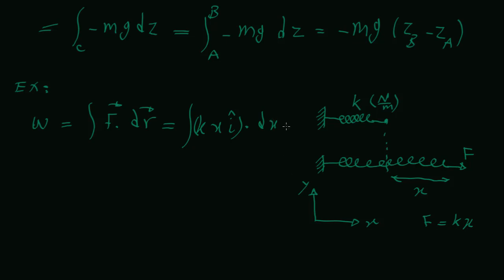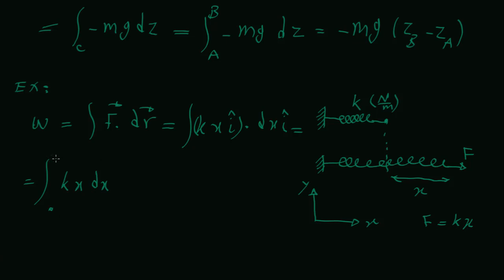So the displacement vector is going to be dx in the i direction, which is equal to, so i dot i, that's going to be kx dx, and let's say here it's just x equal to 0.